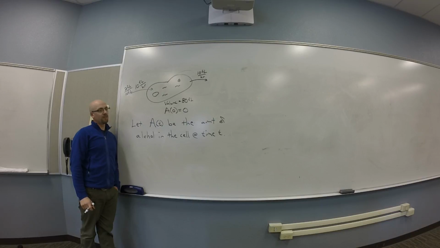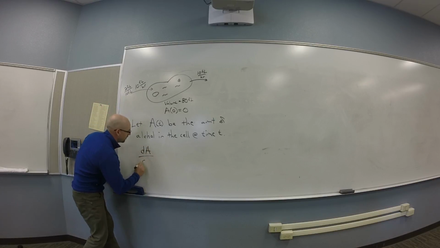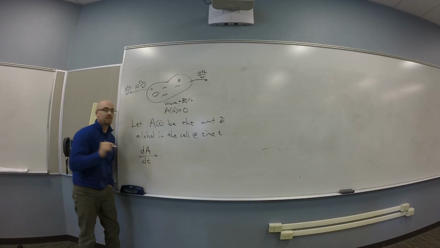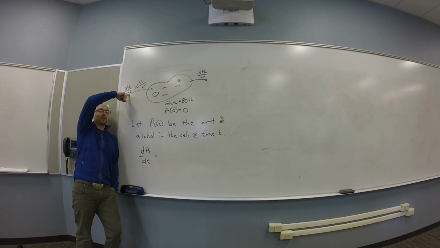Now, what was the second rule of compartmental analysis? The rate of change of the amount is the amount in minus the amount out. So dA/dt is the in. So how much alcohol are you getting in here? 0.2 femtoliters per femtoliter, right?